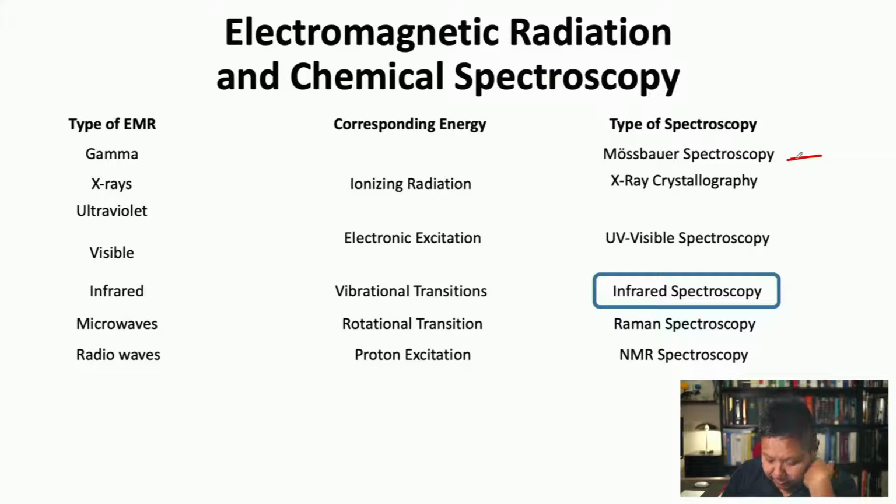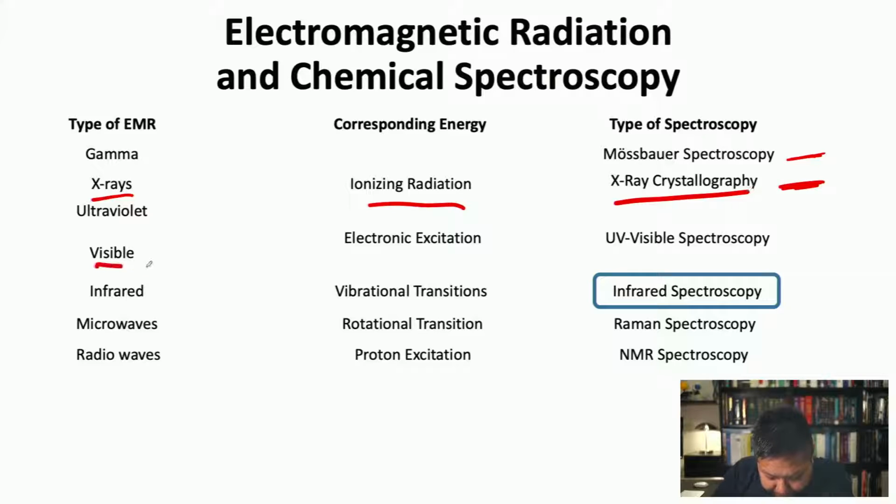Mossbauer spectroscopy with gamma rays is used to determine the oxidation state of metals. Then we have X-ray crystallography, which uses X-rays, of course. It's ionizing radiation, and like I was saying before, you're ionizing a bond, which means you're breaking the bond. X-ray crystallography can be used not just to determine the structure of molecules, but also the 3D structure of proteins and enzymes.